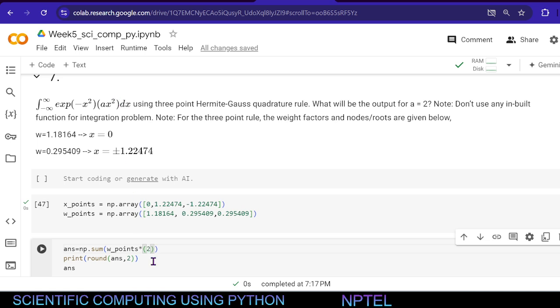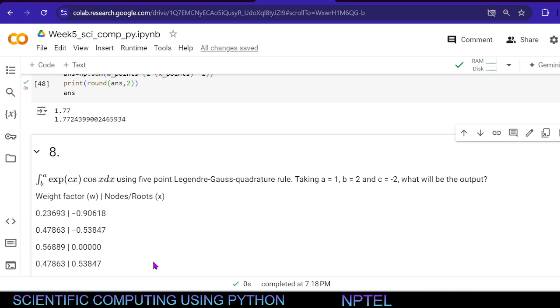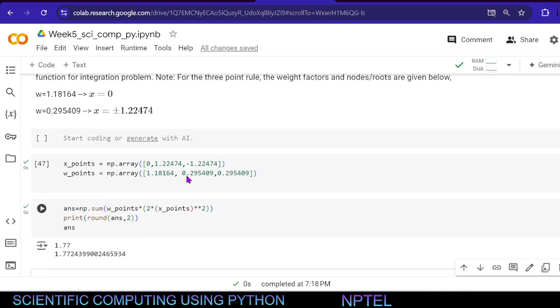So this is going to be 2 times x point squared. Let me print this. And it gives 1.77.